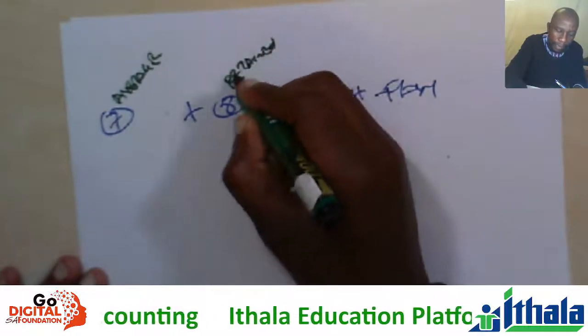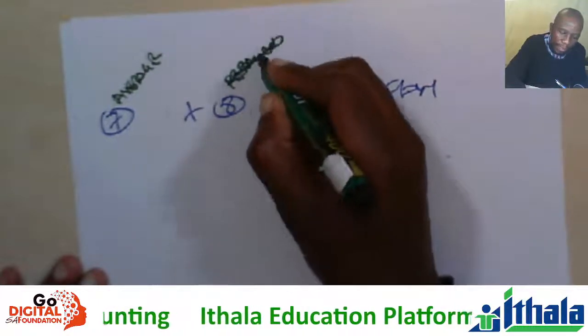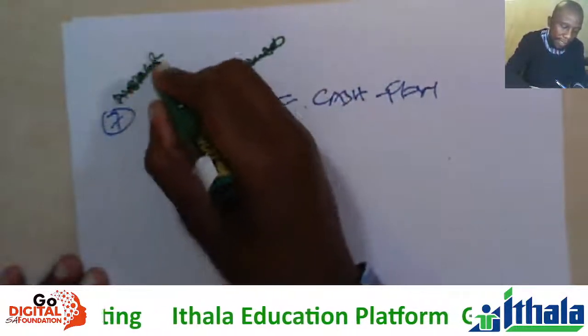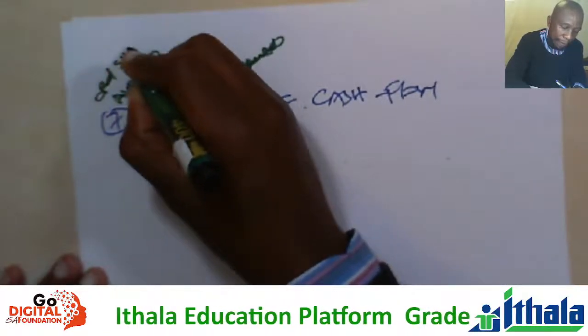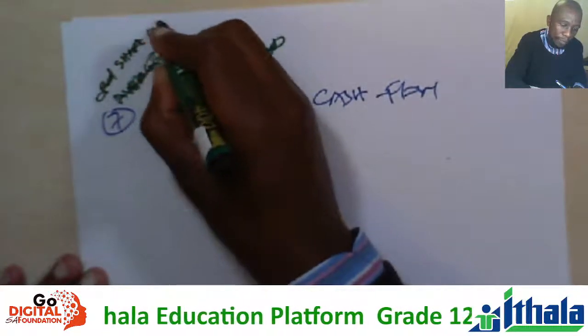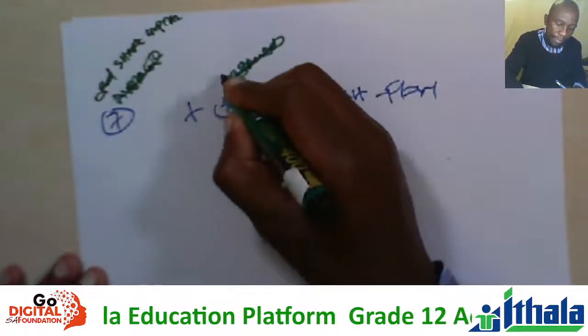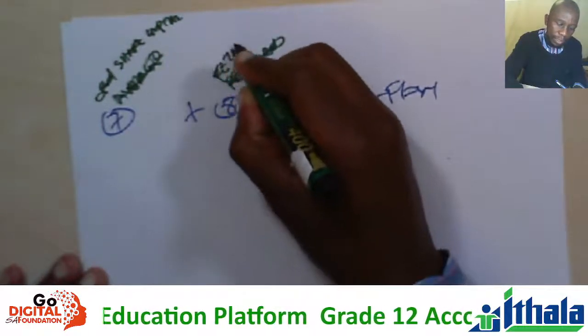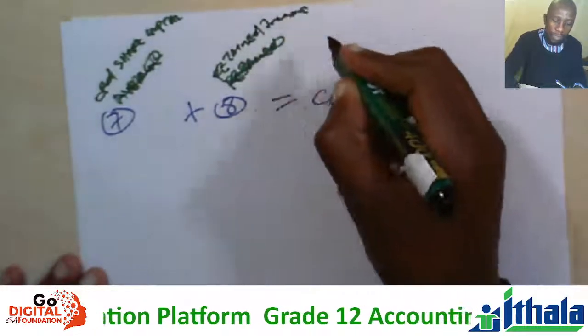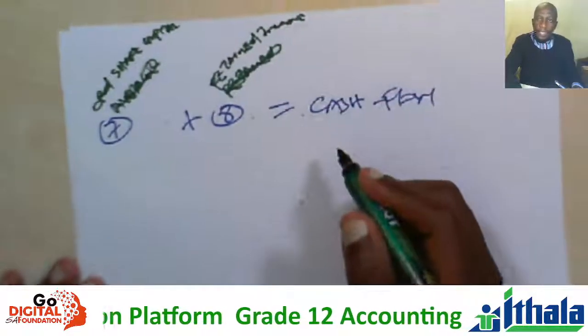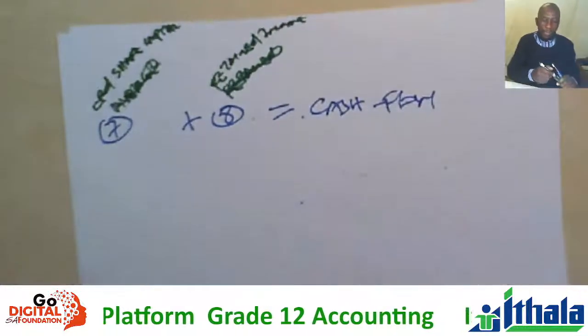Sorry, remember, the name of note number 7 is ordinary share capital. Note number 8 is retained income. And then cash flow is cash flow.